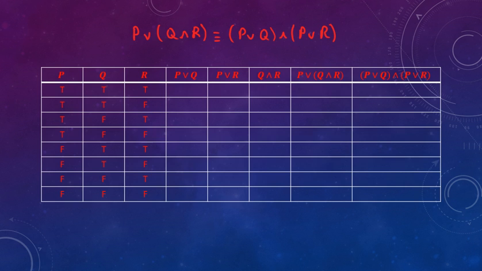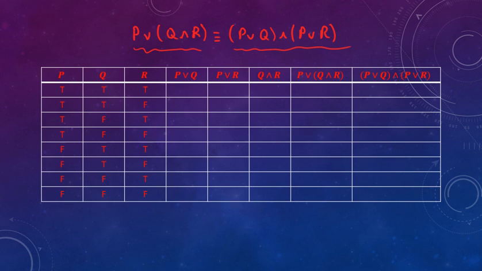We have some conjunctions and some disjunctions showing up here. So we need to work with these separately before we figure out the truth values of our two forms, the one on the left-hand side and the one on the right.